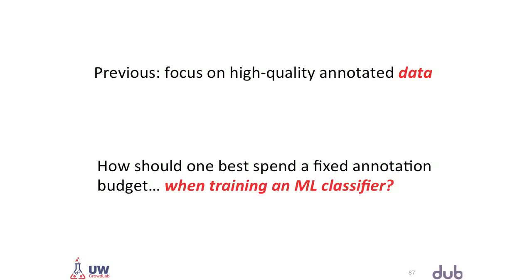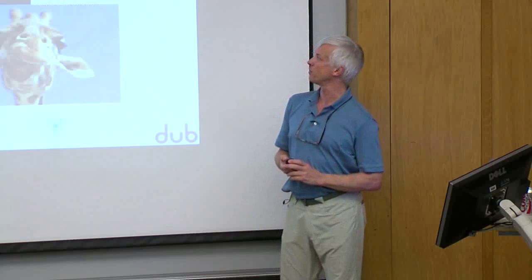But it's not clear that's the optimal thing. In particular, there's an interesting question that nobody has looked at, and that is, suppose you've got a fixed amount of money, and you don't care about the data quality. What you care about is having the best possible classifier that comes out of it. In that case, how do we solve that decision problem?